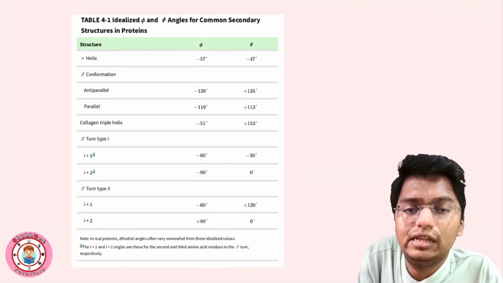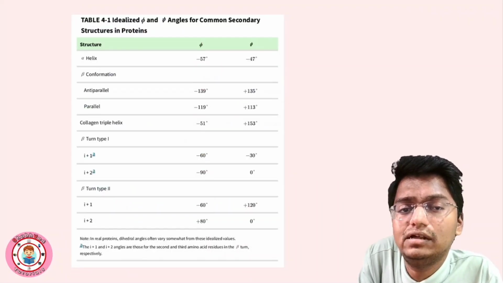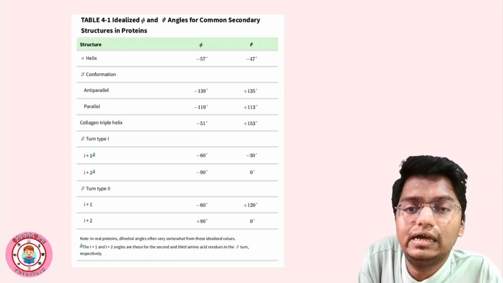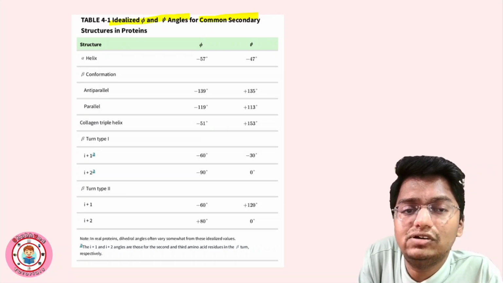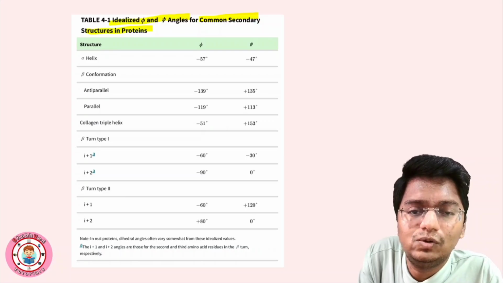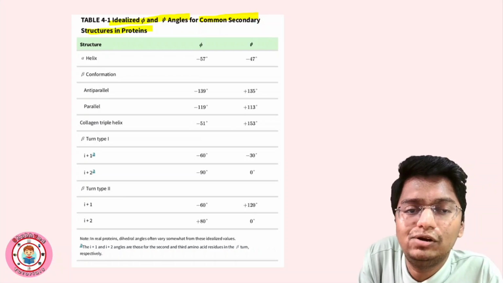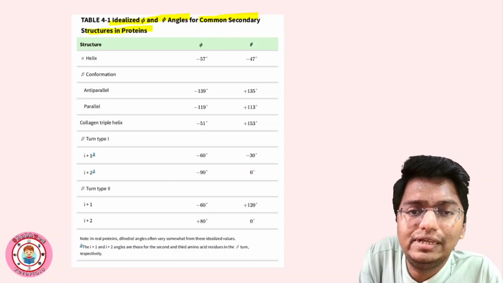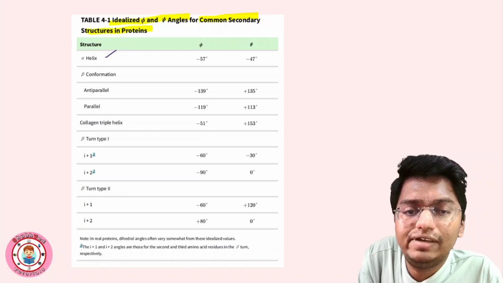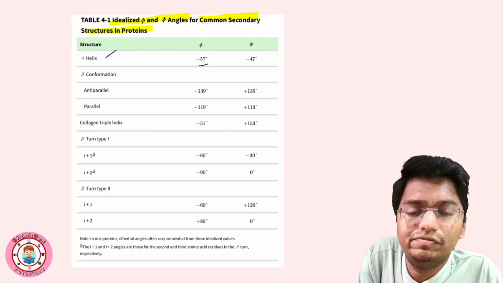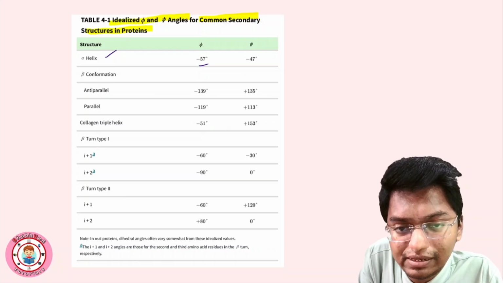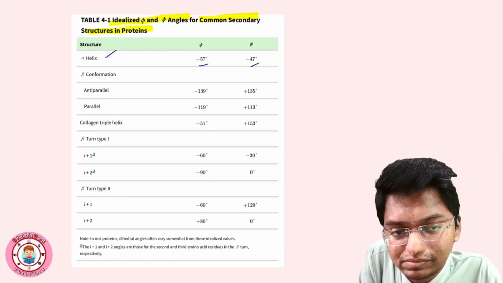Okay. Now these are basically the angles. See, idealized phi and psi angles for common secondary structures in proteins. Okay, just to show you, not to remember, just to see. See, every structure जो हमें दिखता है यहाँ पे, like alpha helix, phi angle is -57 degree and psi angle is -47 degree.